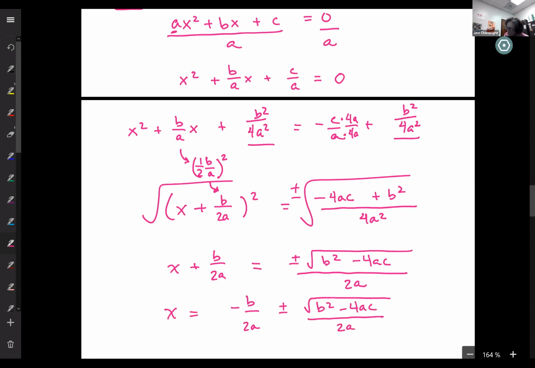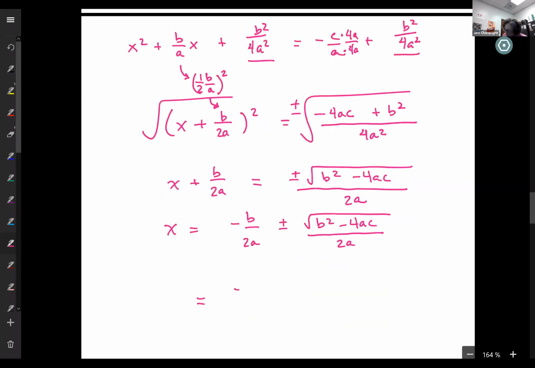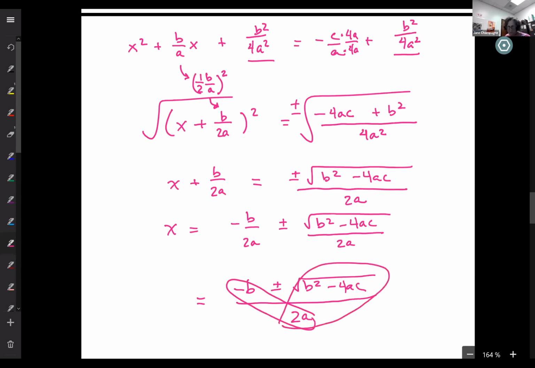But what we usually do is we put them together, right? We put negative b plus or minus the big square root all over 2a. But sometimes I think it's too bad that we put it together, because a lot of times people don't realize that the negative b is over 2a and the radical is over 2a.